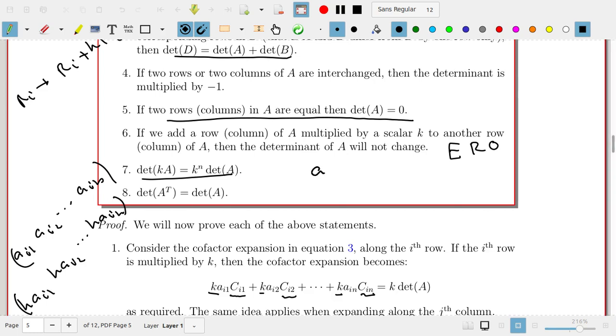You have each row multiplied by k: ka11, ka12, ..., ka1n, ..., kan1, kan2, ..., kann. So you take the determinant.